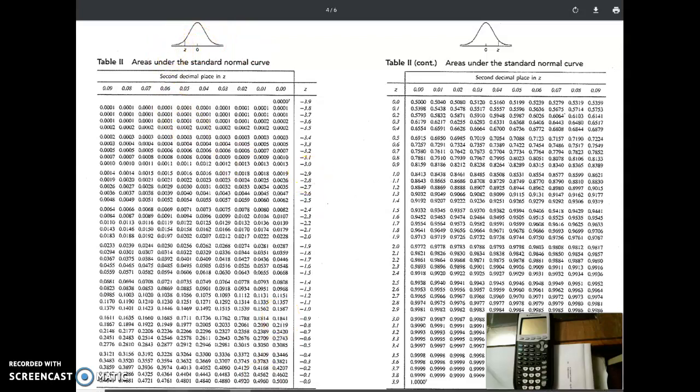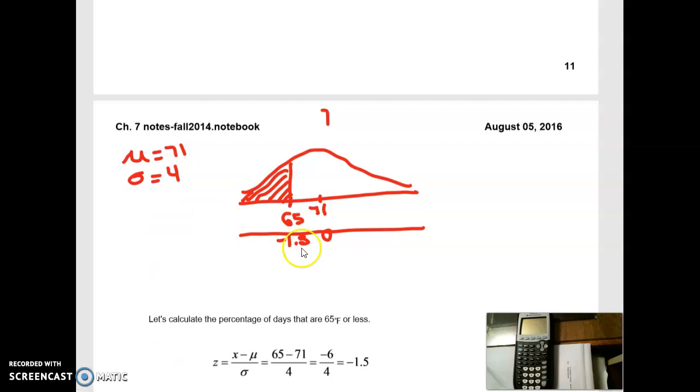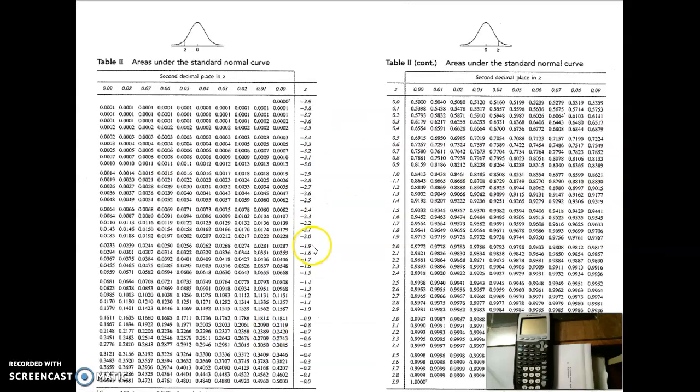In the problem that we were working on, we were looking for negative 1.5 as a z-score. So if I go back here, negative 1.5 sits right here, and it's negative 1.50. There's nothing after the 5. So negative 1.50 gives me 0.0668.